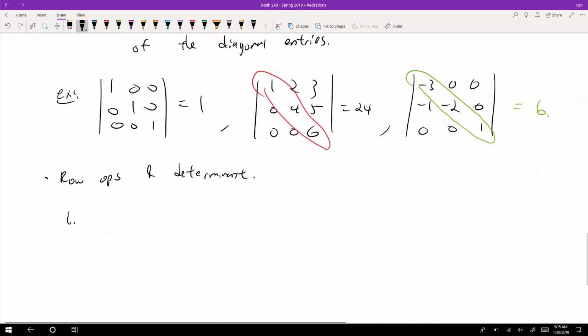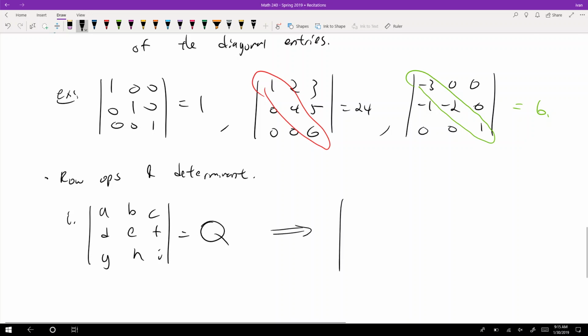Firstly, if I know that the matrix A, B, C, D, E, F, G, H, I has determinant Q, I can then take a scalar multiple of one of the rows. Let's say I had KA, KB, KC, DEF, GHI. So I scalar multiply a row.